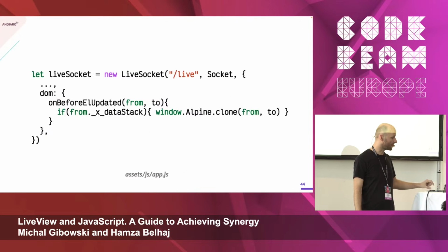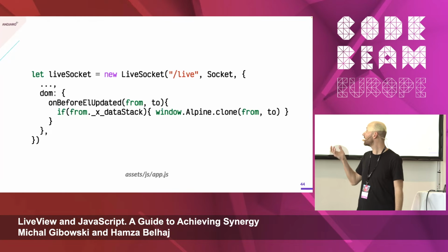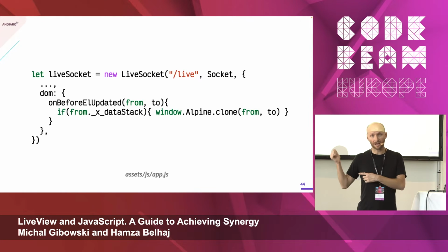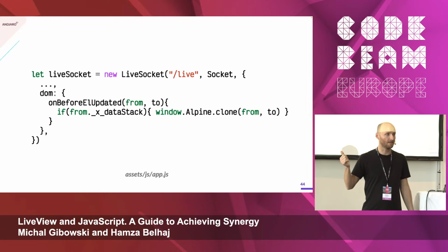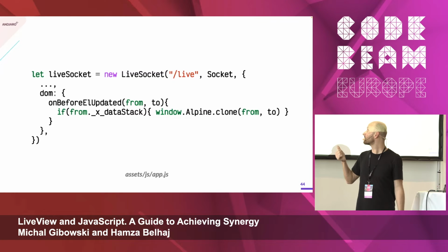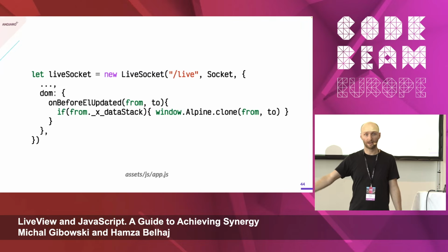We can achieve that by bringing those 3 lines of code into our main app.js file. So this is enough to make this seamless integration possible. And this snippet comes from the official LiveView documentation. Alpine is the only library that has this kind of integration directly there in the LiveView documentation.